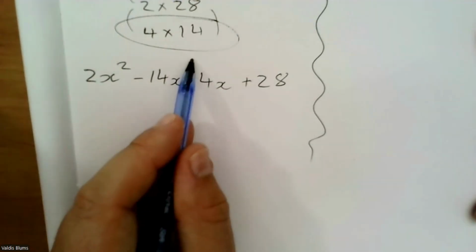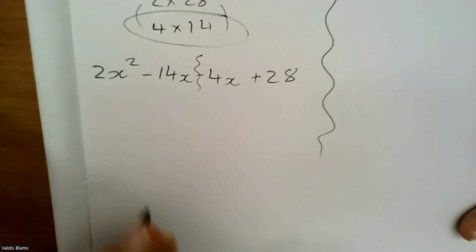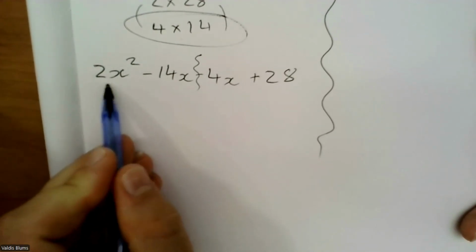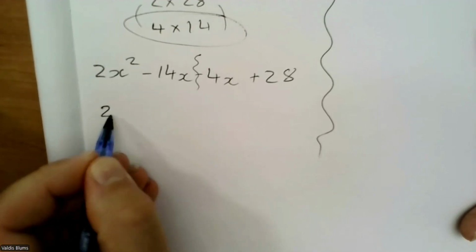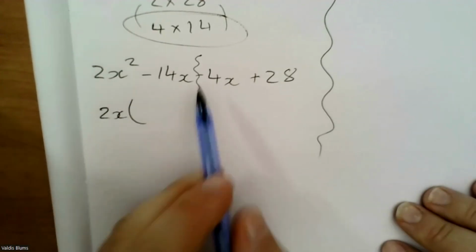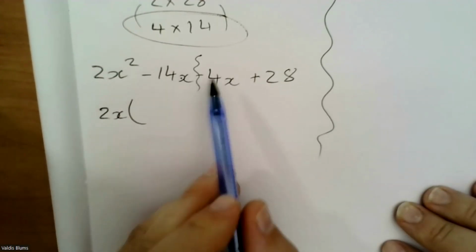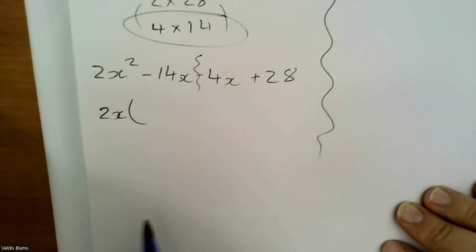Now, you draw your imaginary line. You don't actually have to draw it. It's just a visual aid while we're still learning. So we've got the first two terms. What's common? Well, we have a 2x that's common. If you did order this the other way around, what you're pulling out might be different, but again, it's just the end result that should be the same.